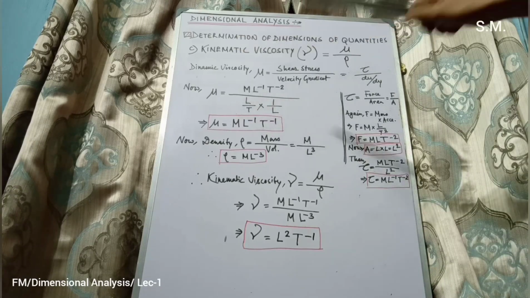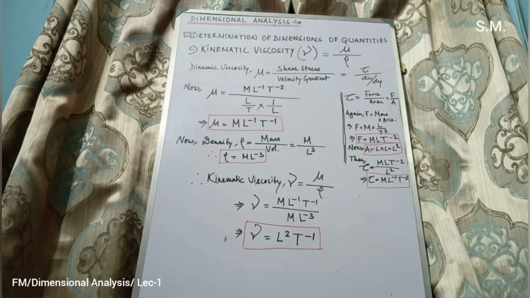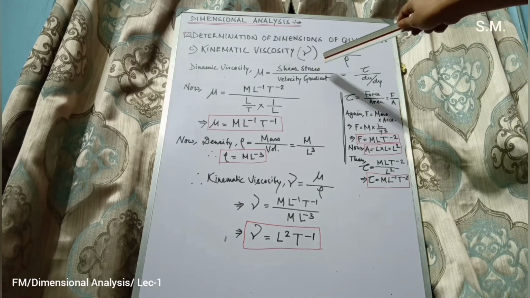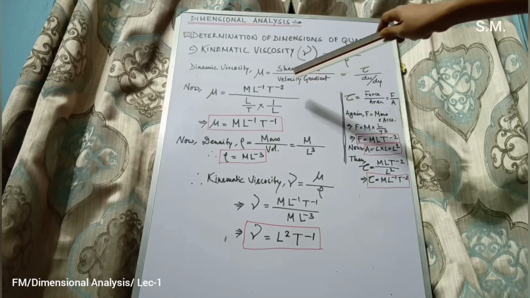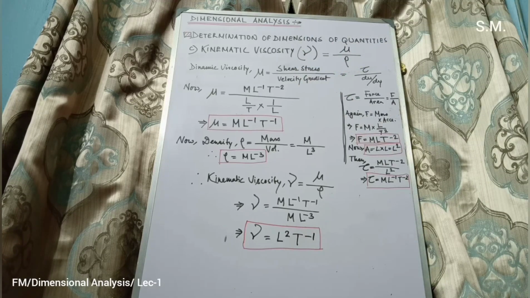Dynamic viscosity is denoted by mu. So mu equals the ratio of shear stress to velocity gradient. Shear stress is denoted by tau. And what is velocity gradient? The change of velocity with respect to depth is called velocity gradient.